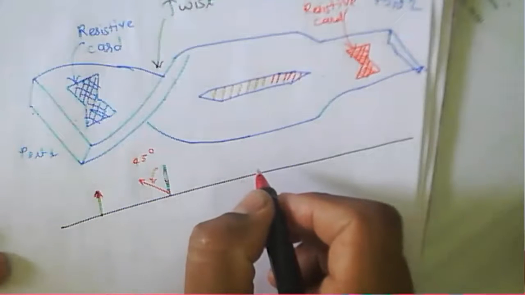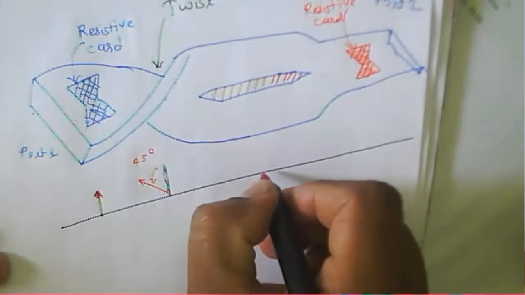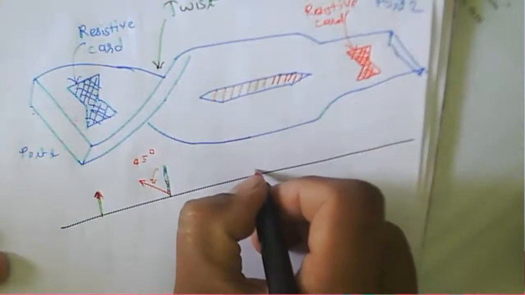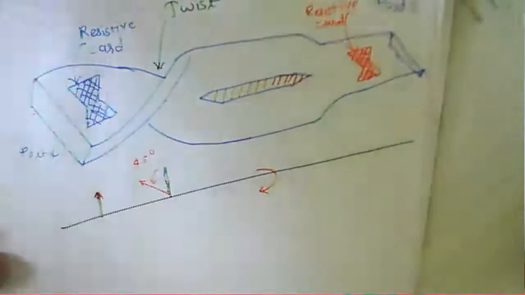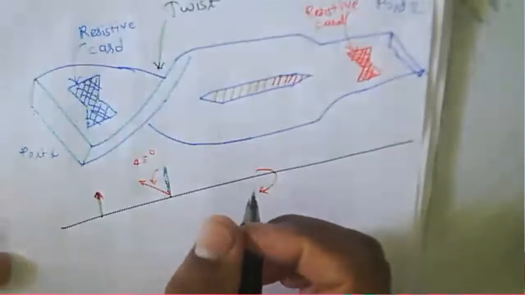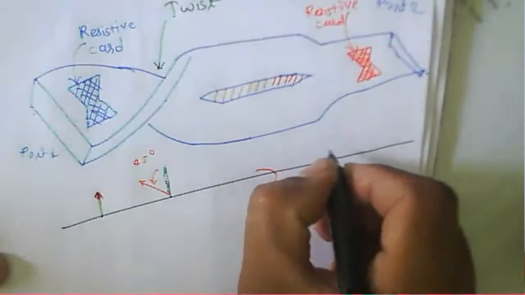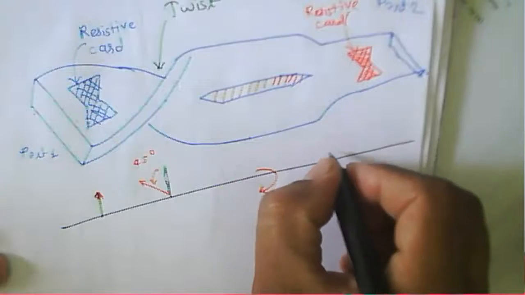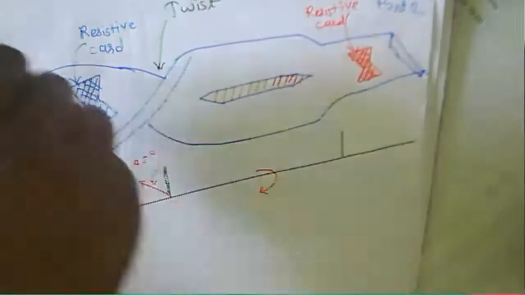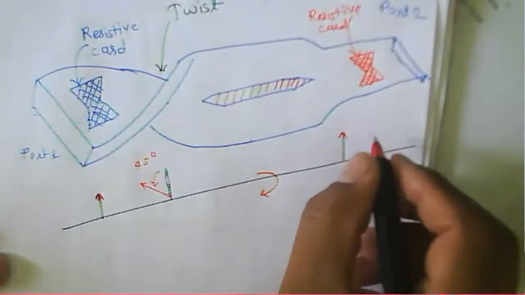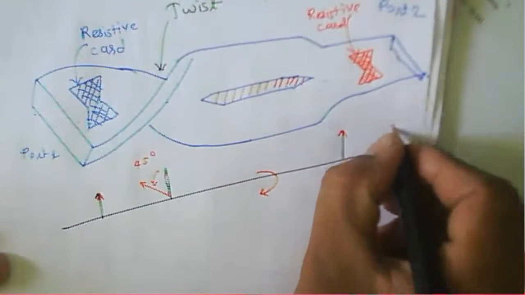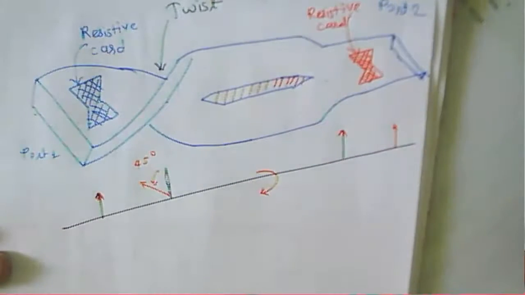Now again, when it reaches this particular ferrite rod, due to the ferrite rod it will be twisted again by 45 degrees. Then it reaches here, and so we'll get the output at this particular port.